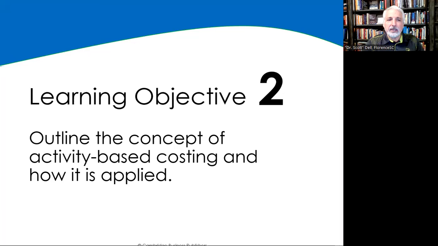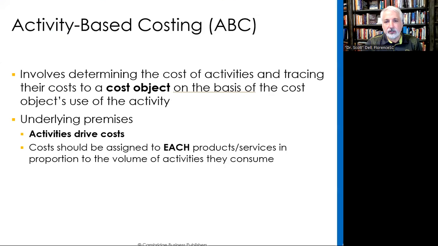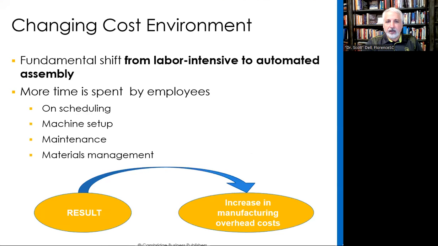So let's see how we apply ABC, activity-based costing. Under activity-based costing, we have something called cost objects. Each one of those objects is a separate calculation, a separate occurrence, a separate grouping of costs in overhead. If we look back at the listing of things we talked about, we have machine setups. We might have 10 machine setups for production, and we might have 100 moves of materials, and so many hours of maintenance.